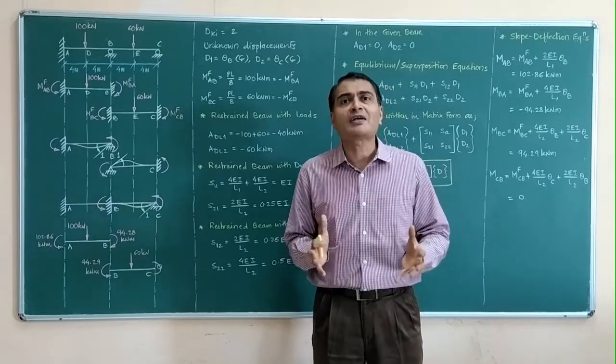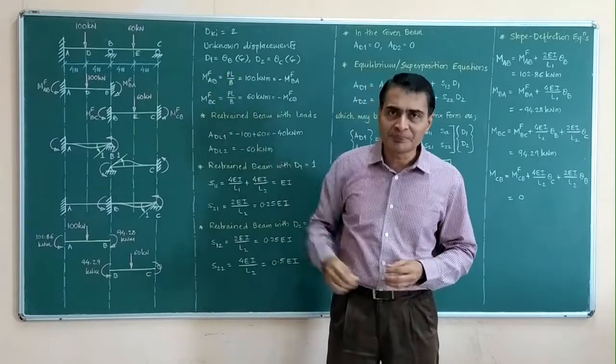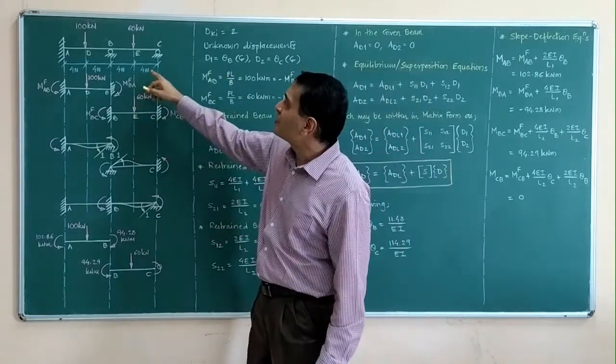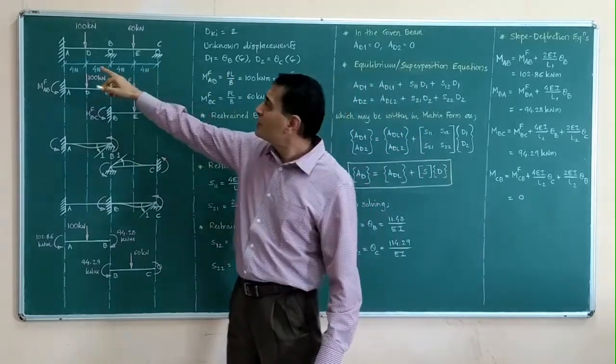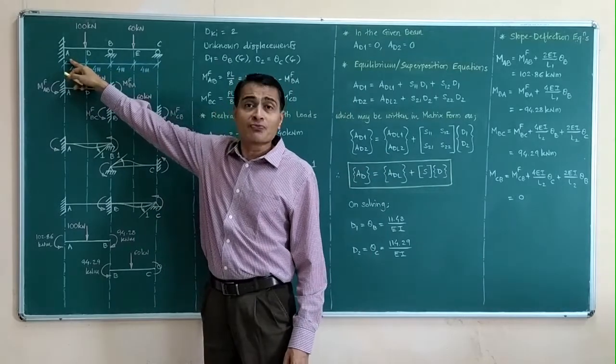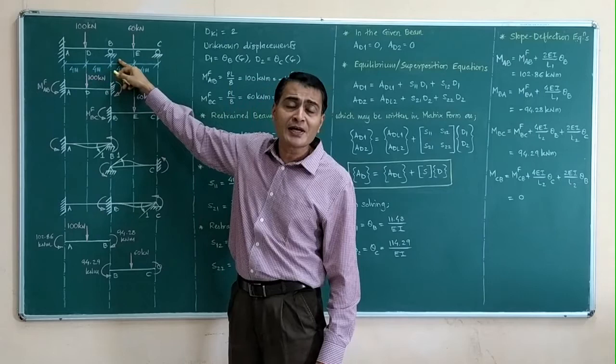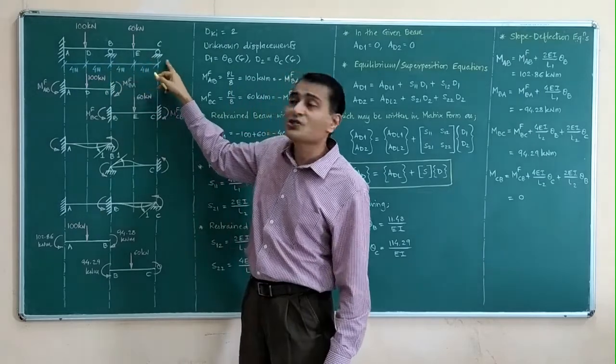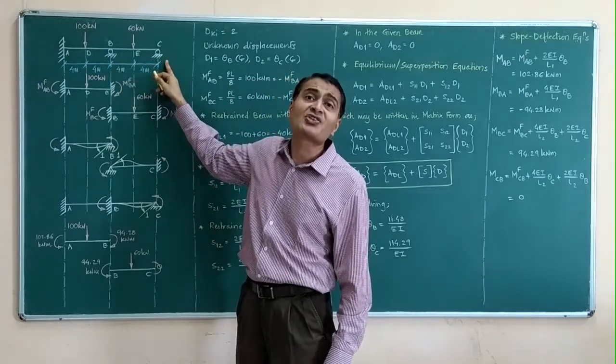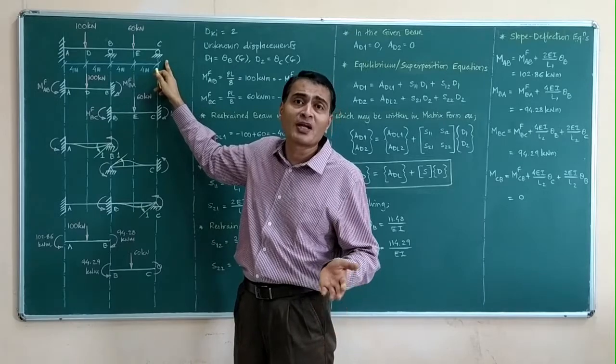So using that, now let us solve one problem. Here is a continuous beam. Support A is fixed, support B is an interior roller support, support C is an exterior roller support where bending moment is 0.